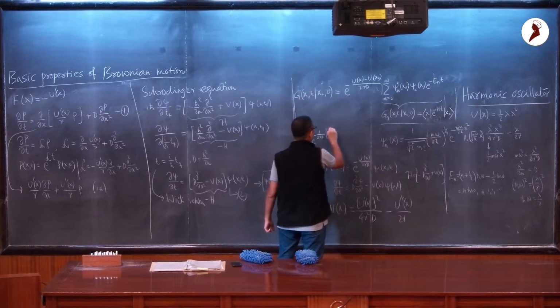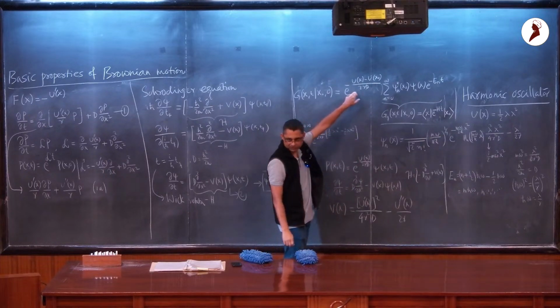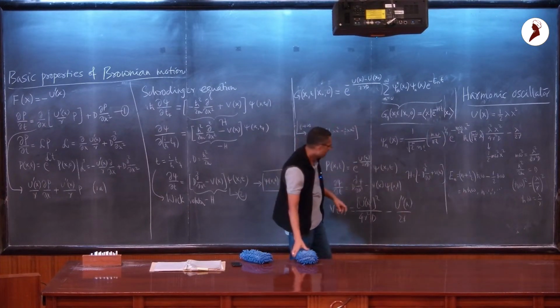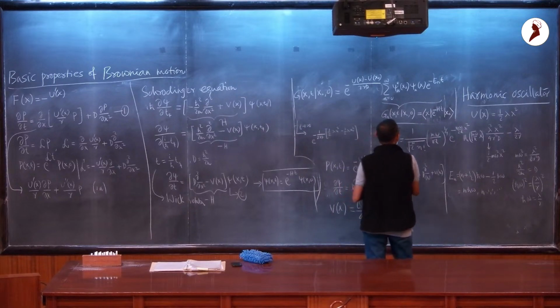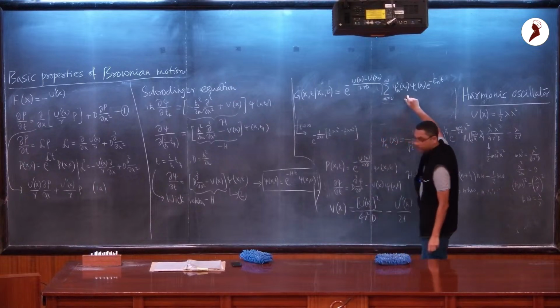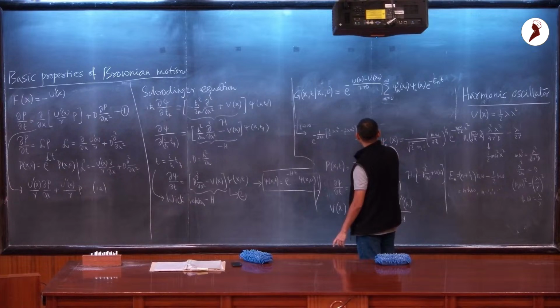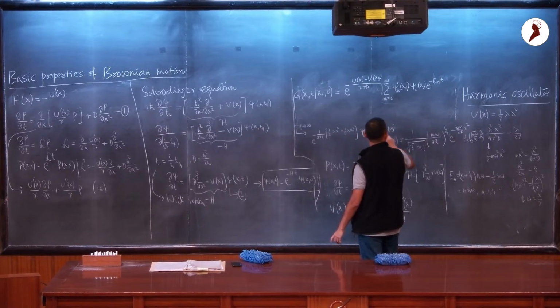U(x), this is half λx² minus half λx₀². This term is coming from this one. Let me rub this out. I am saying that only the 0 term contributes, so this is ψ₀*(x₀) ψ₀(x). This factor is gone.